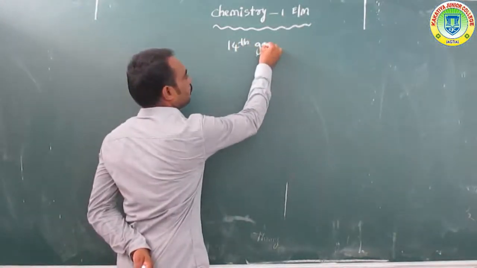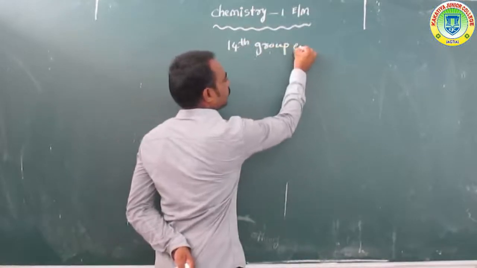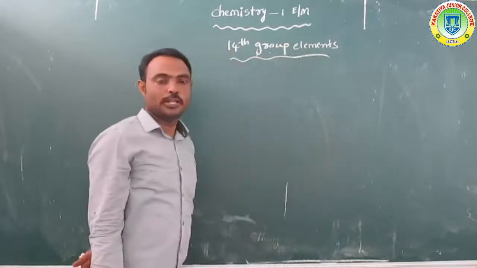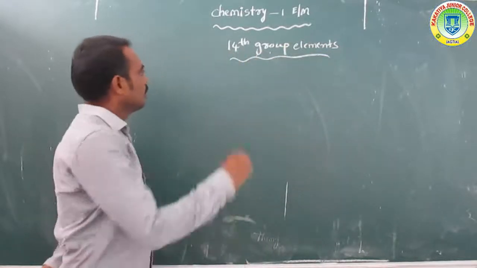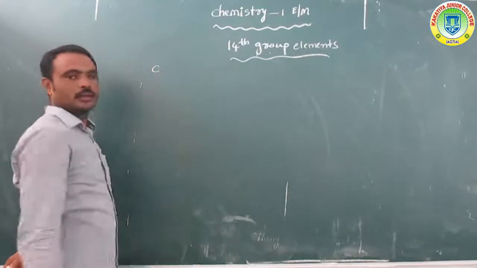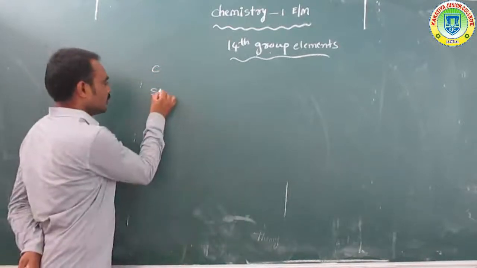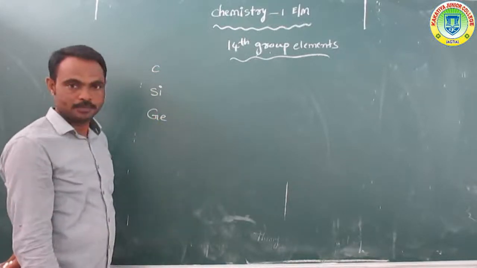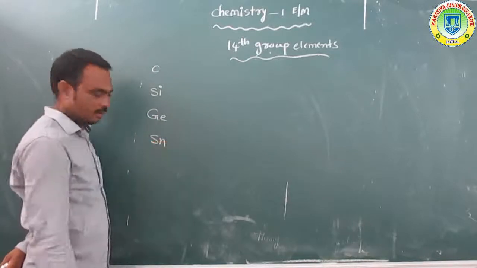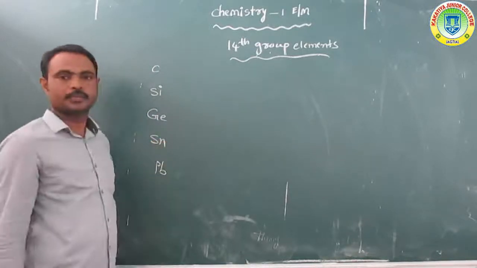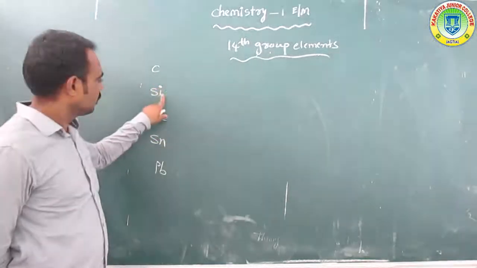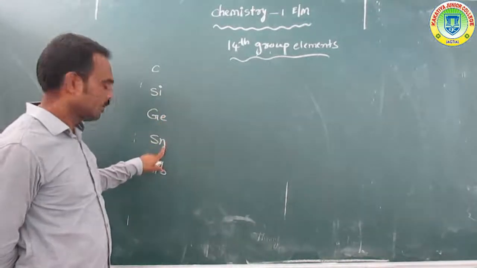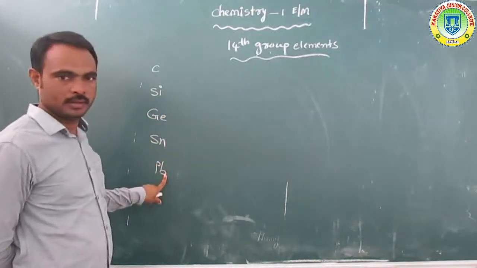Last class we discussed the carbon family, the 14th group elements. The 14th group elements are carbon, silicon, germanium, tin, and lead.